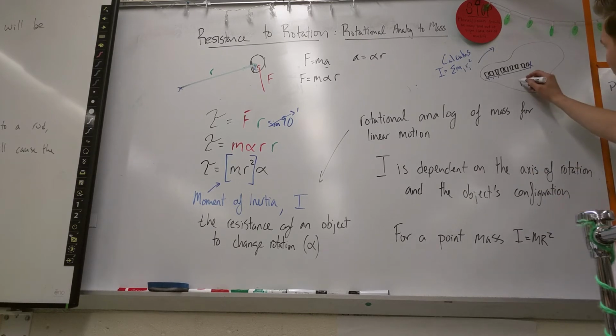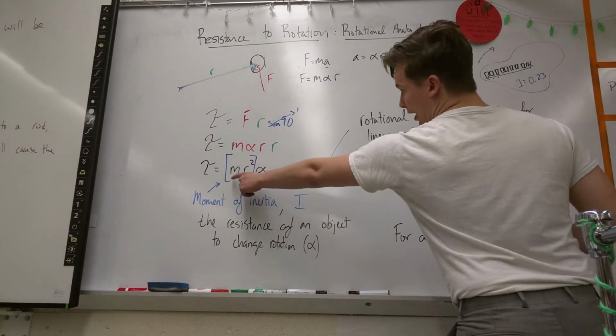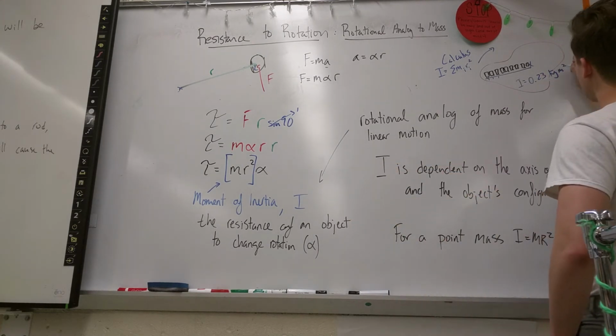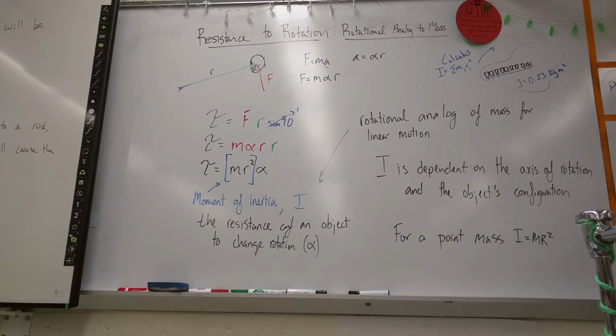So we could get a number, maybe that I is, say, 0.23. And the units for I we could figure out are kilogram meter squared. And it would be different for, say, an object that looks something like this.